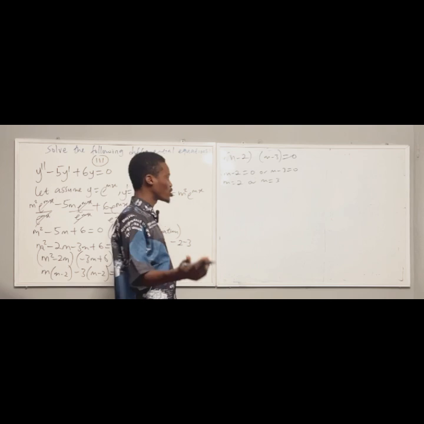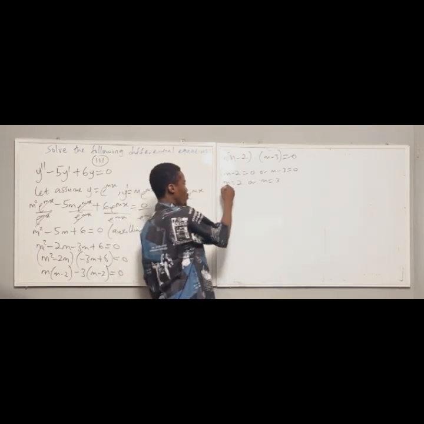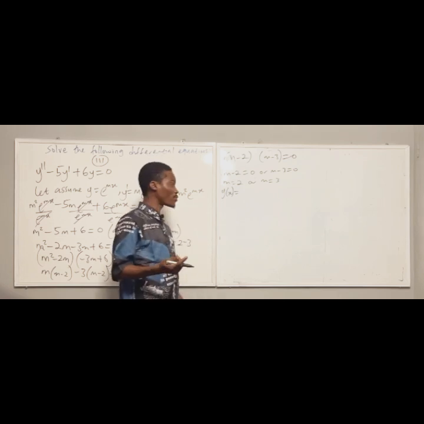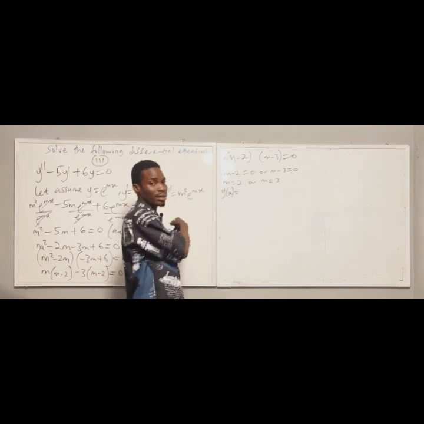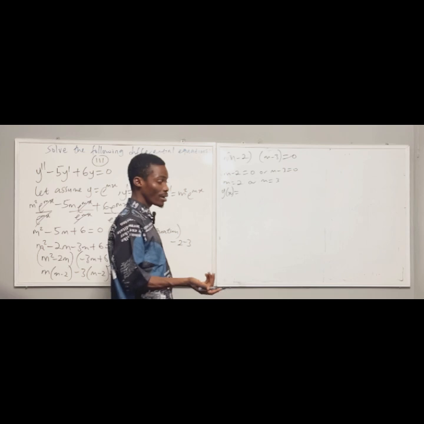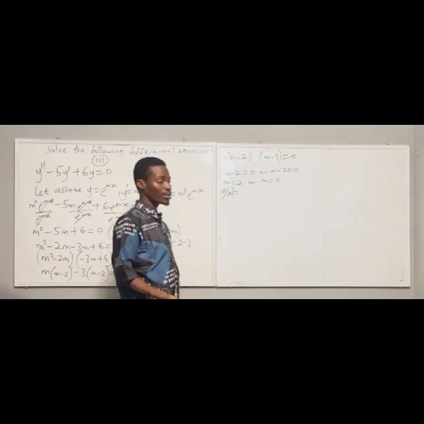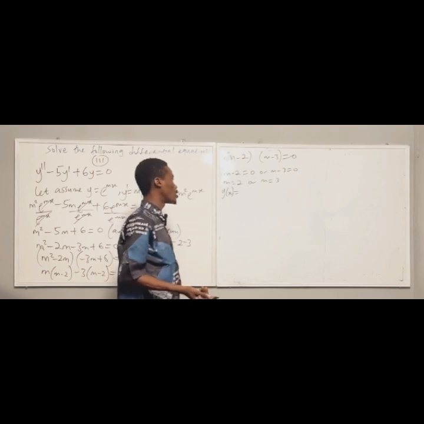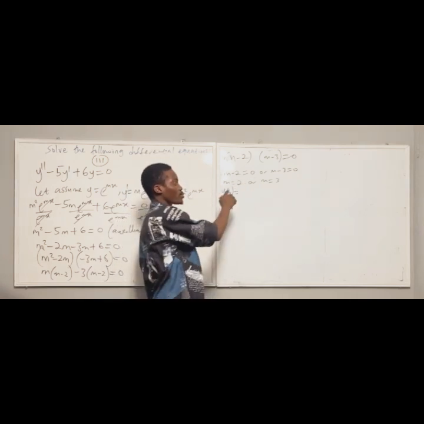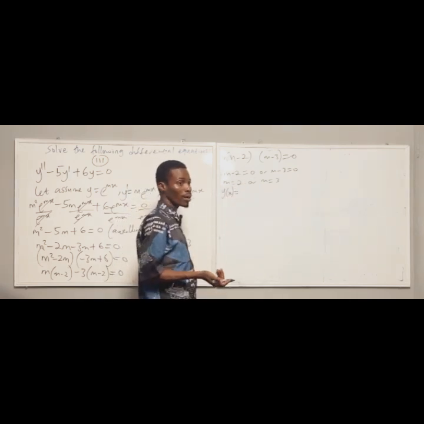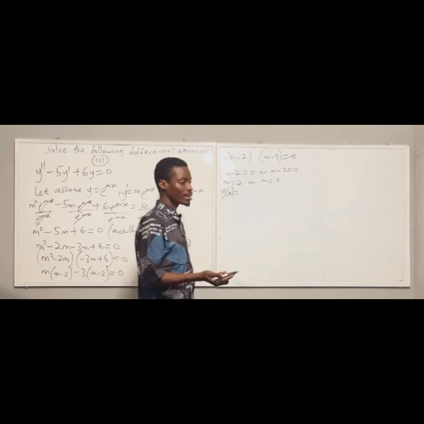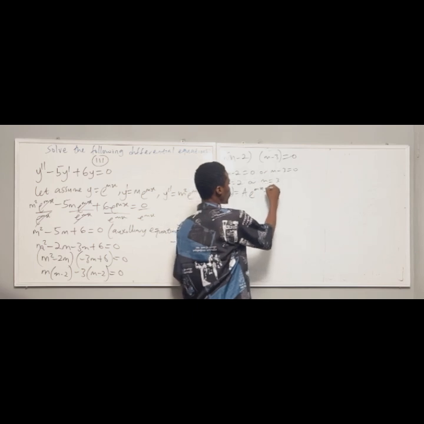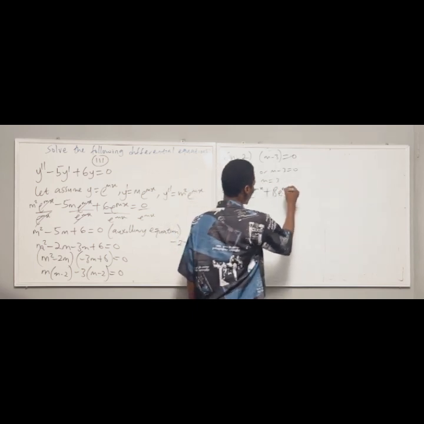So what will now be the general solution? You can see this is different from the first example, where we had a real part and an imaginary number. But here we're not having an imaginary number. Whenever you have two distinct roots, positive or negative, my general solution will be a e^(m1 x) plus b e^(m2 x).